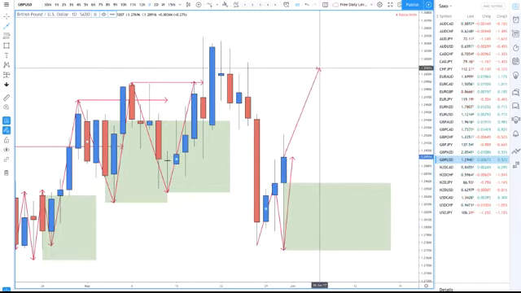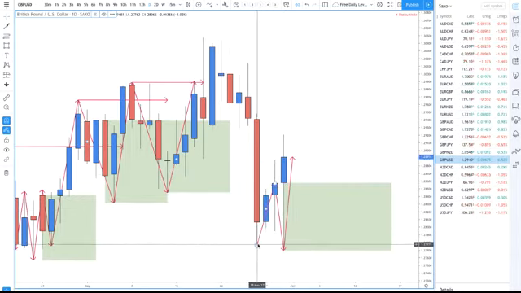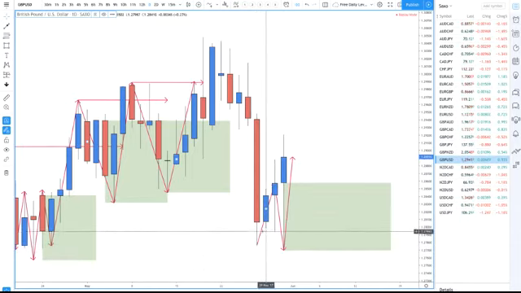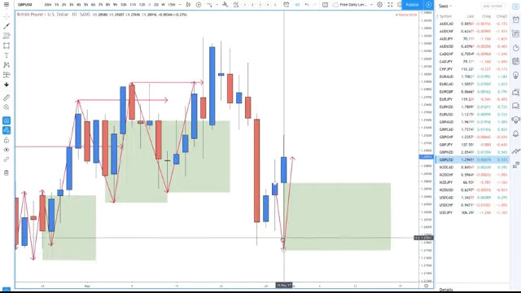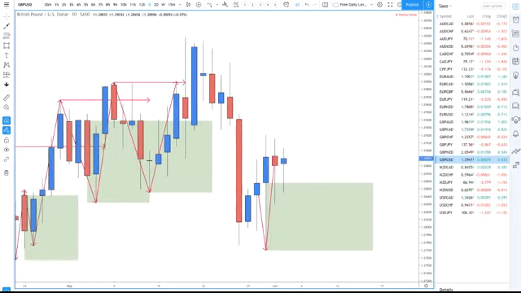We still want a bit more proof just to show that this is going to be a strong area of demand, but I do like this. Now, this isn't necessarily a higher high, higher low, as this went lower than the previous low. So with that being said, this is probably going to be the start of a move, and hopefully we can get some more higher highs.